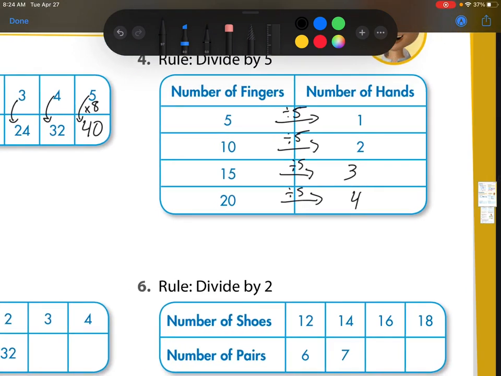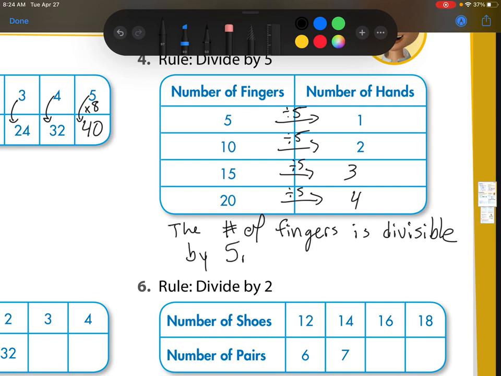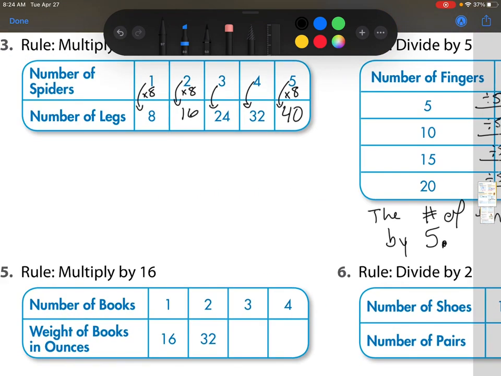What feature or pattern do we notice? Well, the number of fingers has 5 or 0 in the ones place. So we can say the number of fingers is divisible by 5. We could also put it has a 0 or a 5 in the ones place.